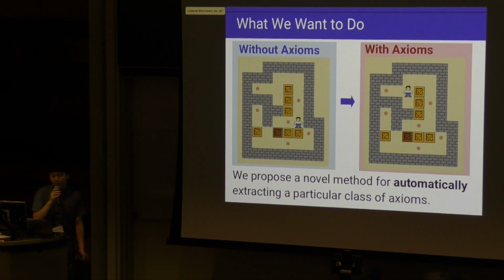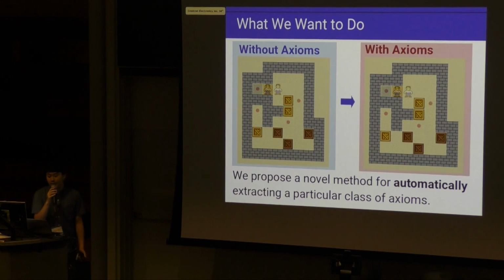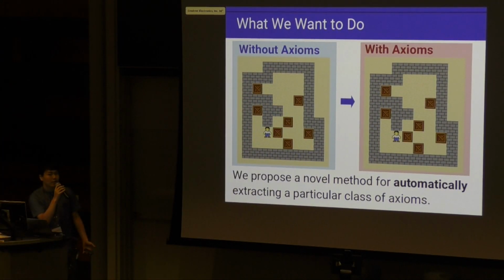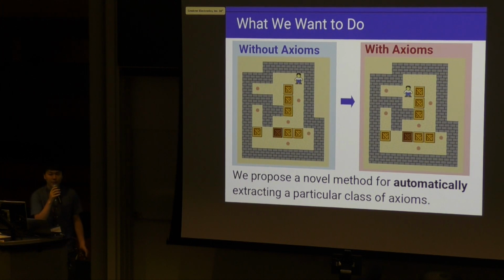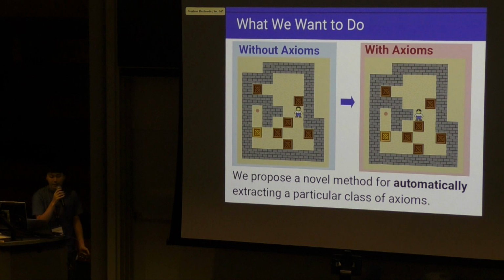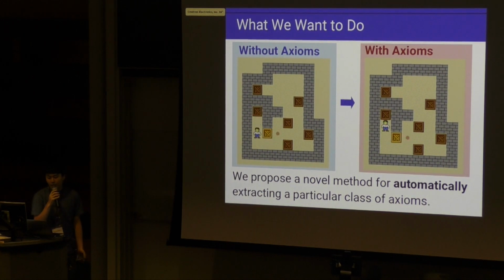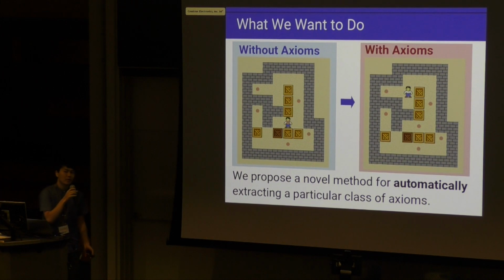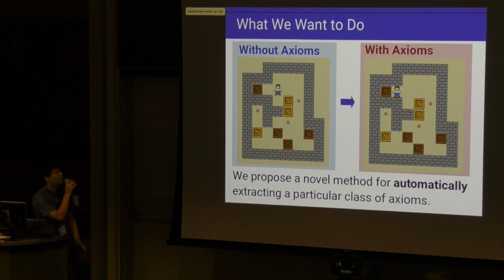But it's not really obvious to a domain designer that Sokoban can be formulated compactly with axioms. So we propose a novel method for automatically extracting a particular class of axioms given a problem originally formulated without axioms. That's our motivation.